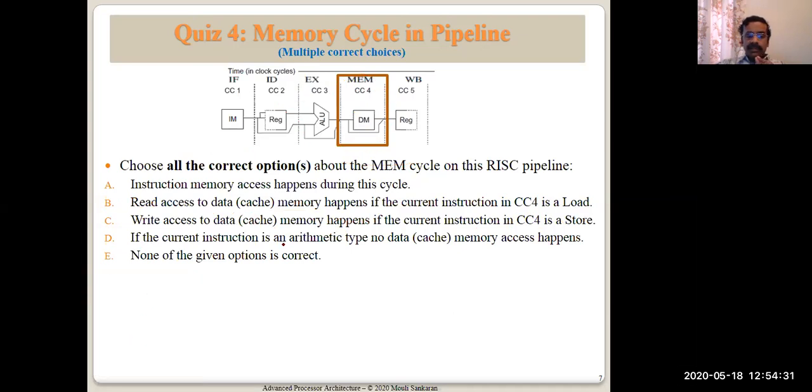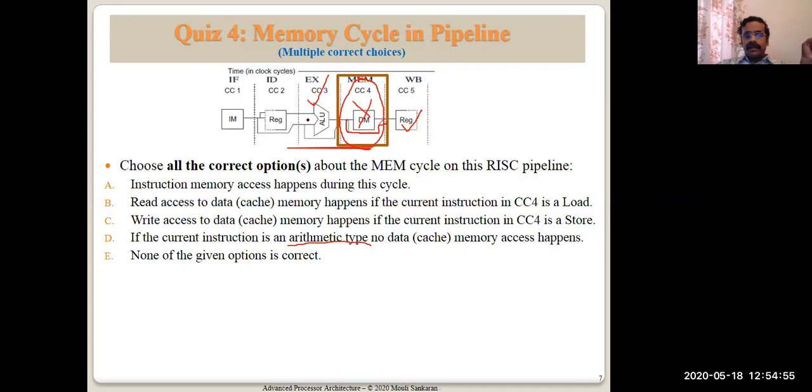If the current instruction is an arithmetic type, that means if this instruction in the memory cycle is an arithmetic instruction, say an add operation was performed here. Now the result is available, but it cannot be written into data memory. It has to be written into a register, so it has to wait. It will pass through this.